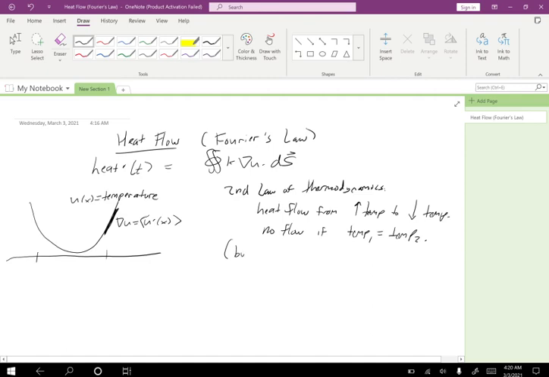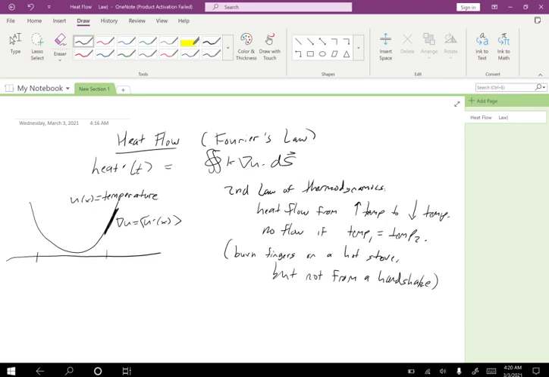And you can burn your fingers on a hot stove, but not from a handshake. I won't get into hot humans in this video. So the point is that a temperature difference causes heat flow.